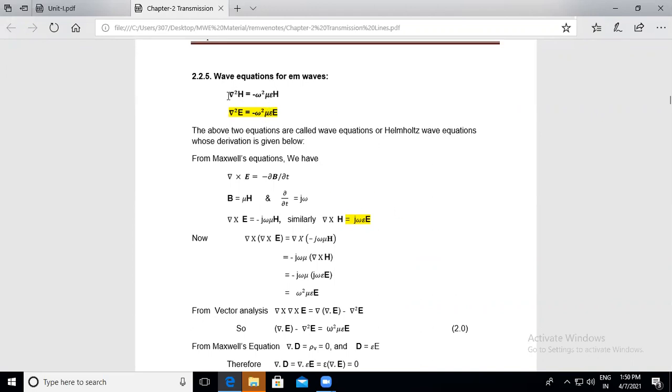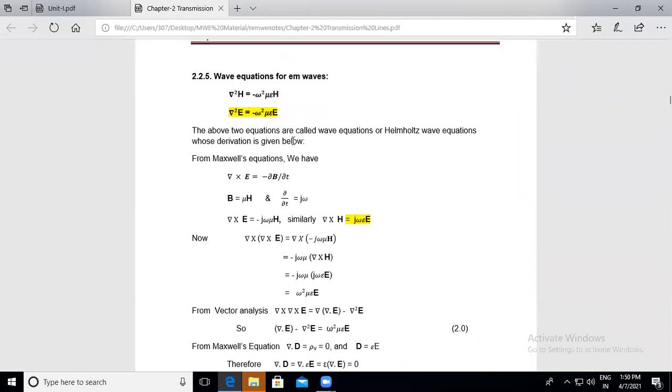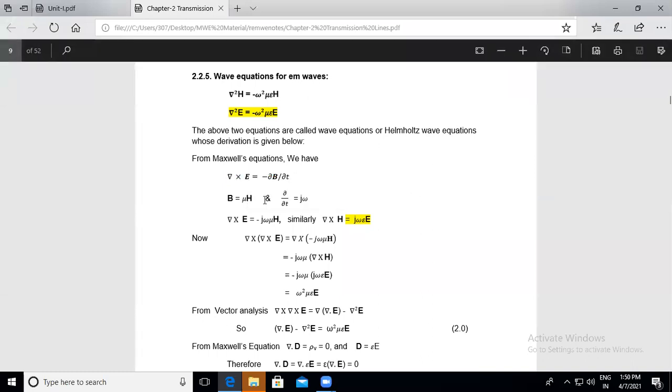So these are the two wave equations, Andy: del square H for the magnetic field and del square E for the electric field. E stands for electric field and H stands for magnetic field. From Maxwell's equations, given in the above table, del cross E is equal to minus dou B by dou t. We know that B is equal to mu H, where B is the magnetic flux density and H is the magnetic field intensity.